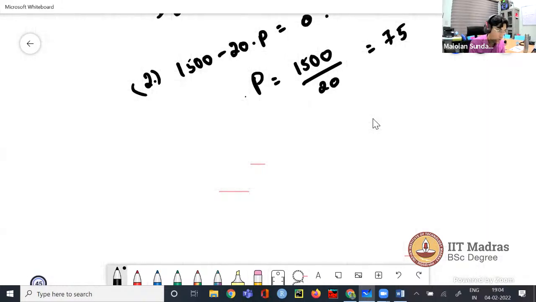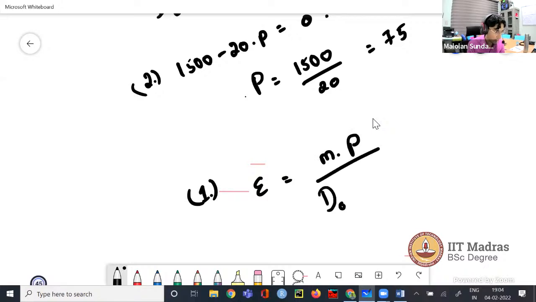For problem number 1, where we are asking you the elasticity, this is a direct formula. It was given in one of your videos: elasticity is slope into price divided by demand at 0 minus slope into price. We have told you that the price is 50, so that will come here.